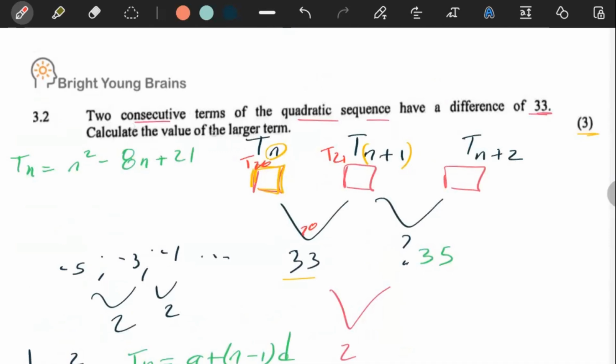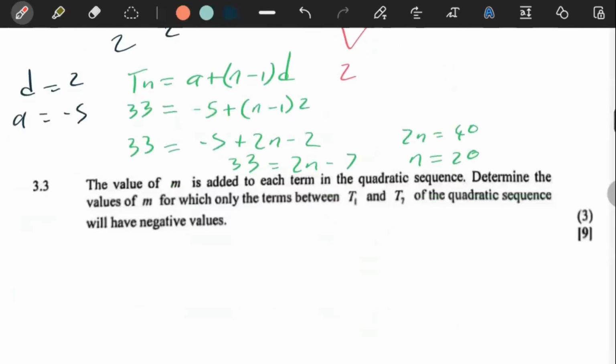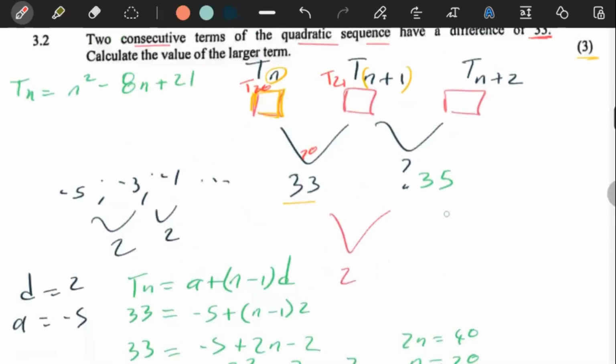Let's say the two consecutive terms in the quadratic sequence are given by 33. Calculate the value of the larger term. So, I feel like I took the long way to work out this question. T21, let's just work it out. T21 in the quadratic formula, you're going to have 21 squared, 21 here plus 21.